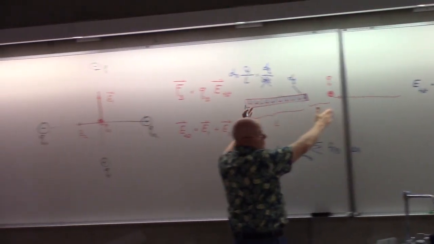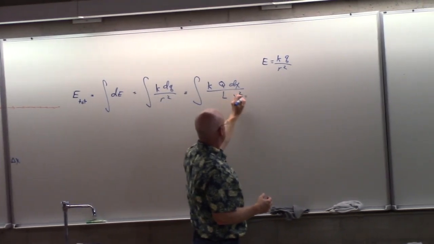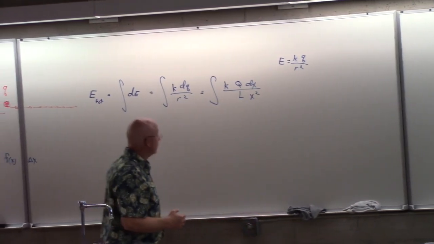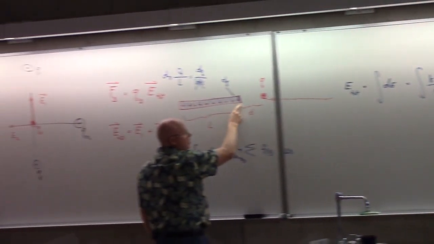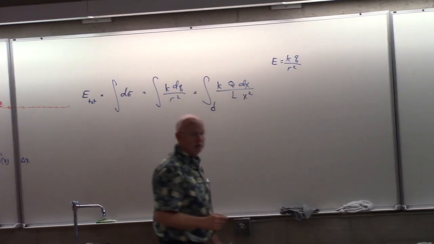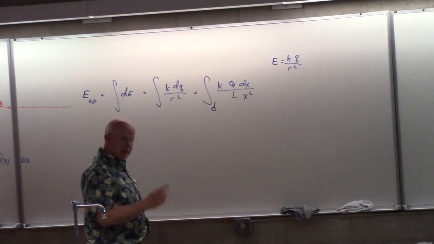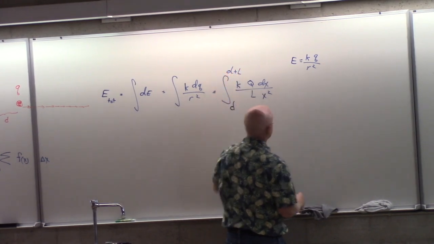So you might just call this the x-axis. So then this would be x squared. And then you could say, well, what I'm going to do is add up my first chunk of charge, which is going to be a distance of d away, until I get to my last chunk of charge, which will be d plus L.